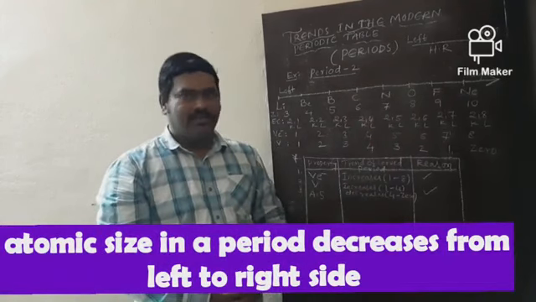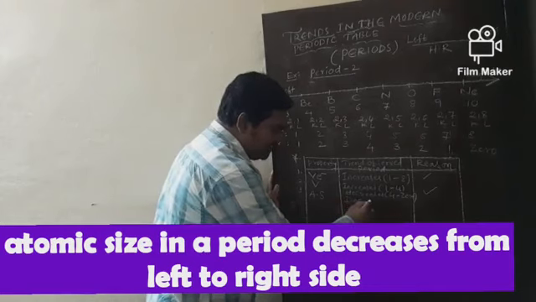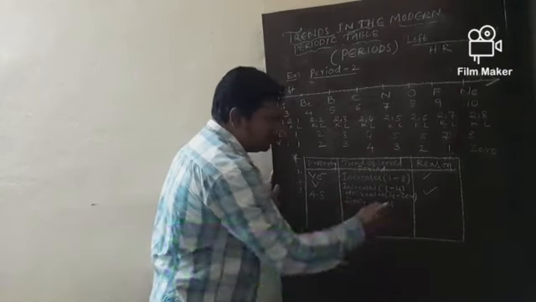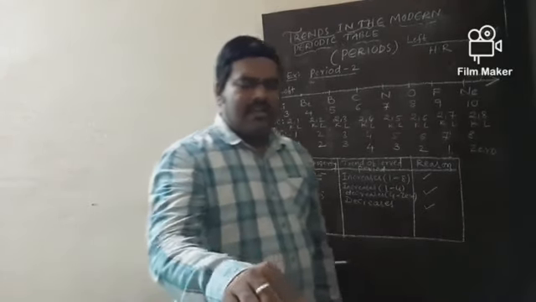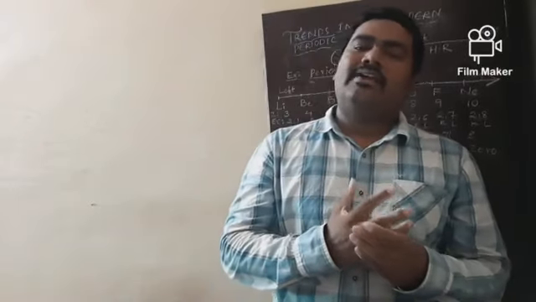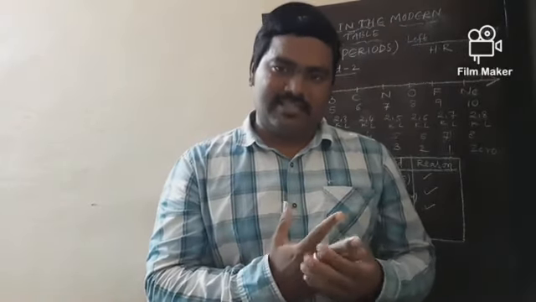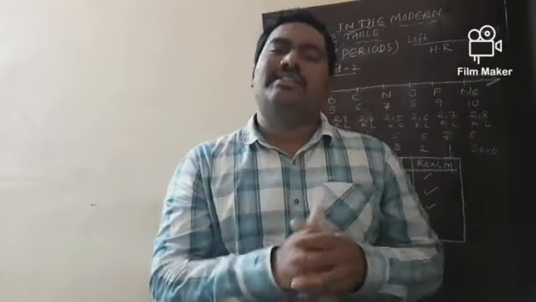Got my point? So simply, atomic size decreases from left to right side. What is the reason? Can anybody tell the exact reason for this? Why does atomic size decrease from left to right side? Very simple explanation, reason within just 2 sentences.